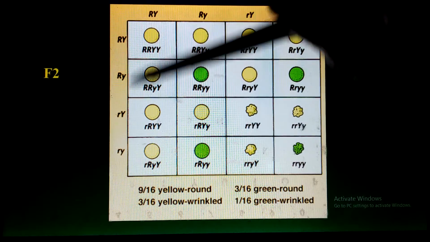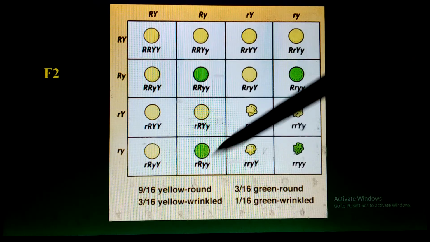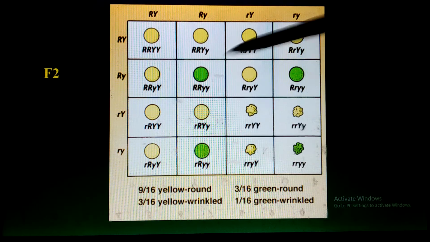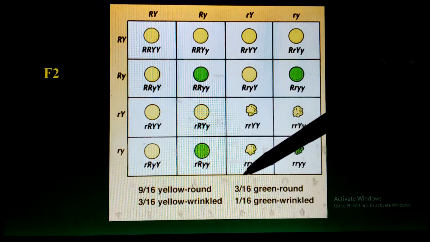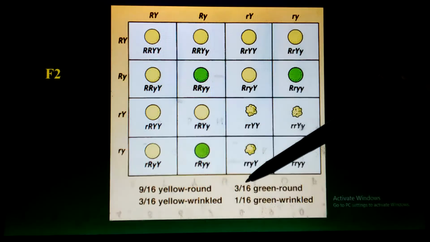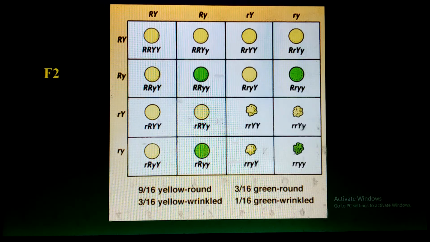You count from here. 3 are green and round, 3 are yellow and wrinkled, and 1 is green and wrinkled. Is it clear? So the phenotypic ratio is 9 to 3 to 3 to 1. 9 round yellow, 3 green round, 3 yellow wrinkled, and 1 green and wrinkled.